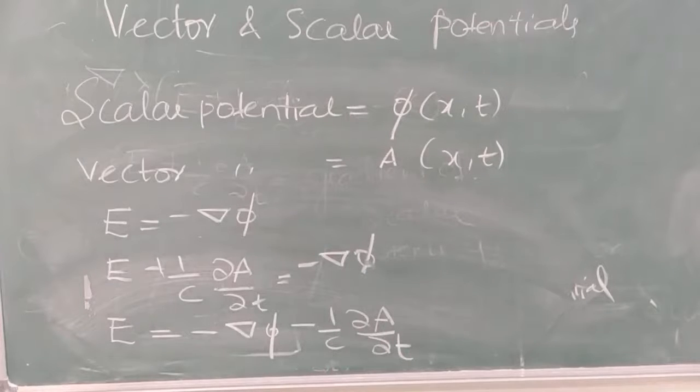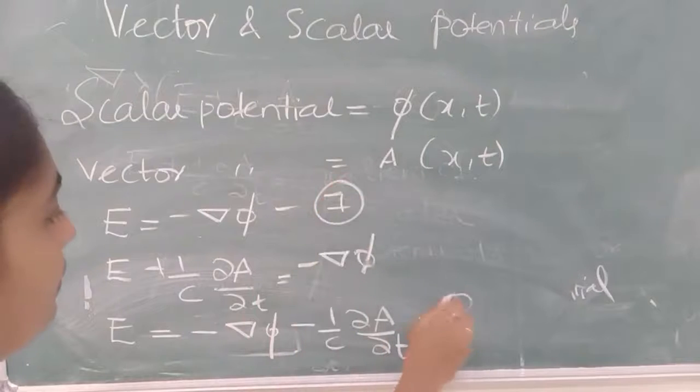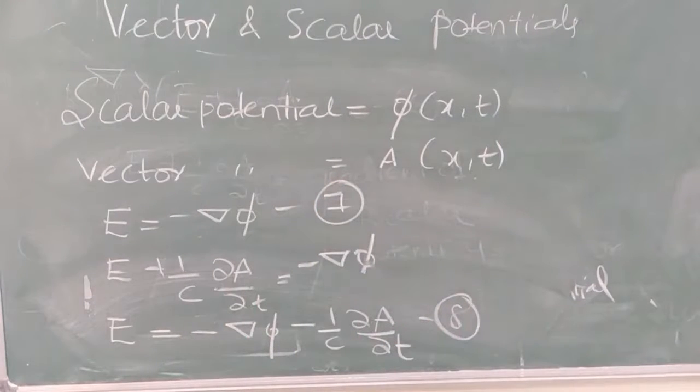You write this equation as, this is 7, this is 8. Now we got equation 8, so please note this.